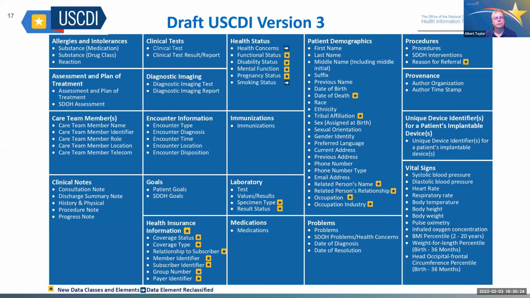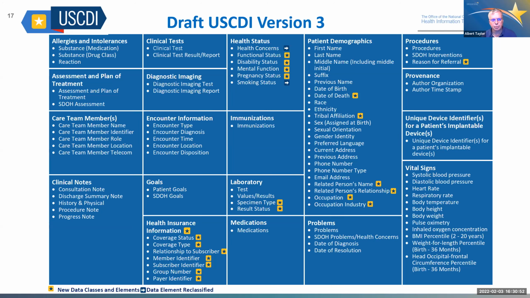What can you tell us more about family member history, health history? Well, family health history is a data element that is part of certification. It's not part of USCDI, but it is a particular aspect of certification.